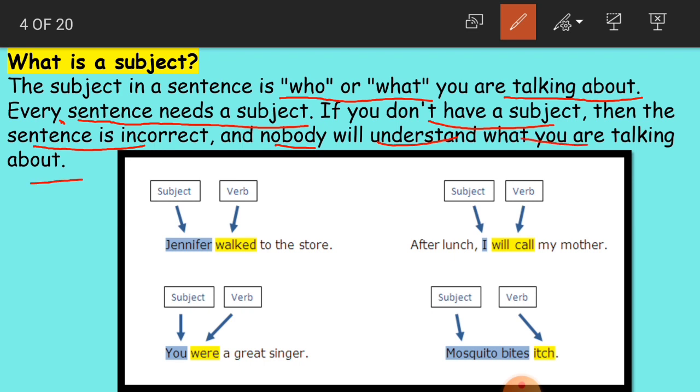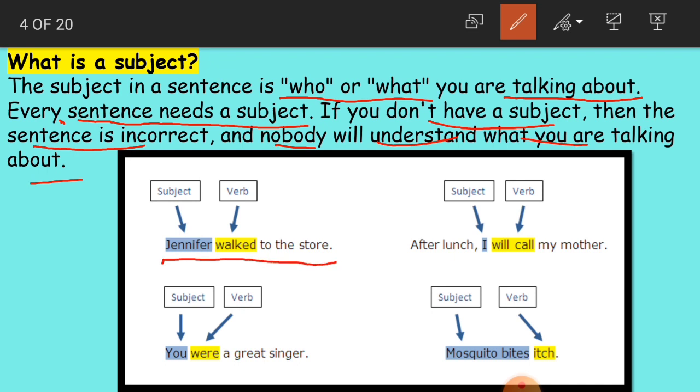It will become a wrong sentence. There won't be a complete or correct meaning in that sentence, and it becomes very difficult for anybody to understand what we are talking about. Clear?